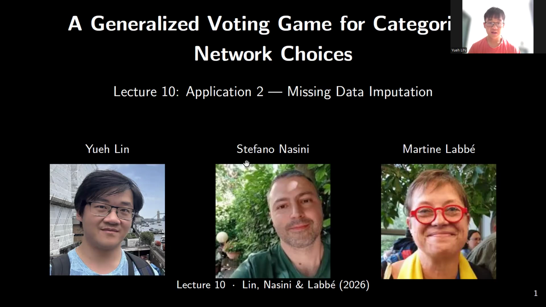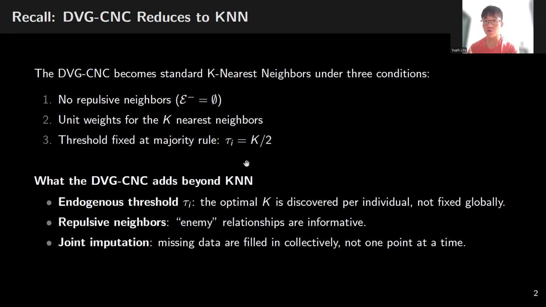So first, let's recall the connection between those two models. A KNN model can be used as a missing data imputation tool by looking at the K nearest neighbors, for example, K equals 5. For each missing point, let me write it down. Let's say this is a missing point.